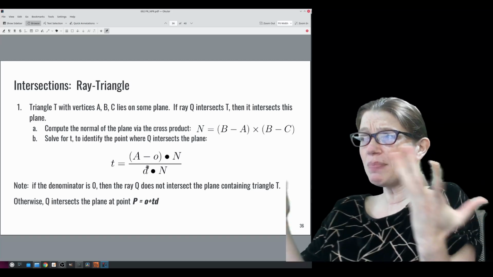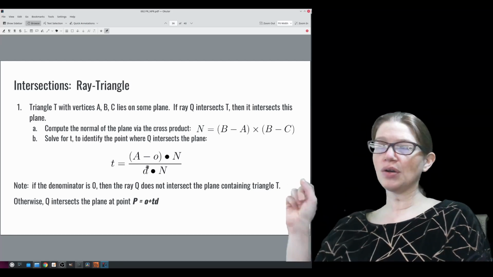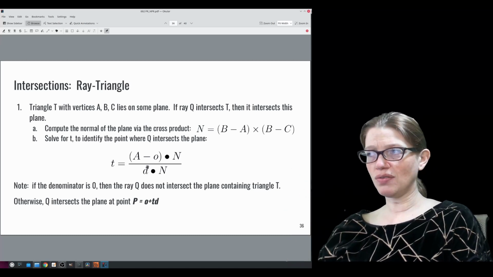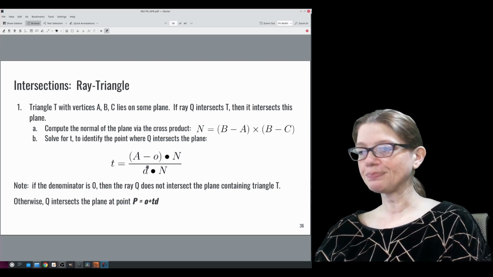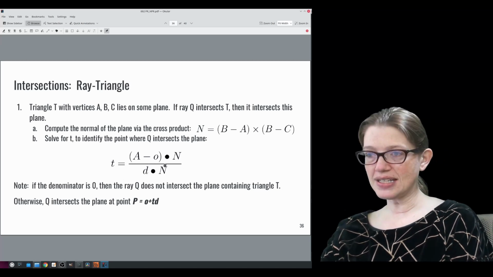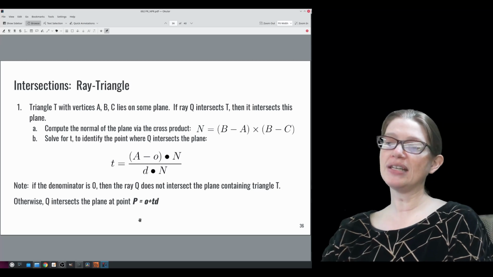You may wonder how that could be possible. Well, if I have the direction vector as 1, 0, 0 and the normal as 0, 0, 1, the dot product of those 2 things is 0. So there's no intersection.